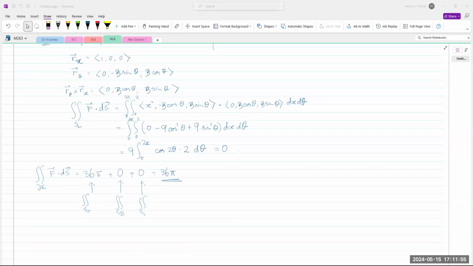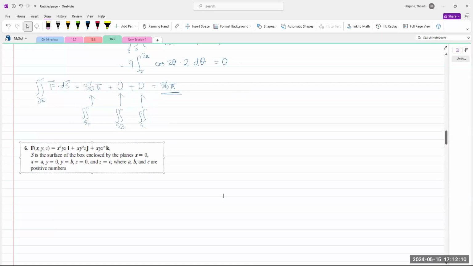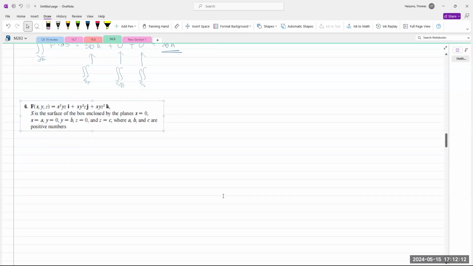Number 6. Suppose we have that vector field, and S is the box enclosed by planes x equals 0, x equals a, y equals 0, y equals b, and z equals 0, z equals c.